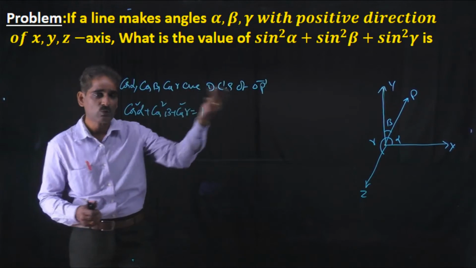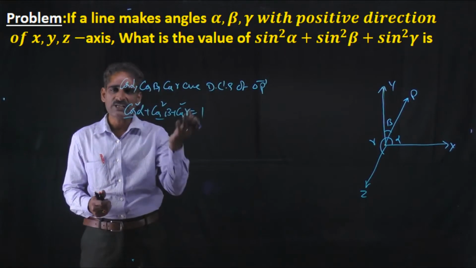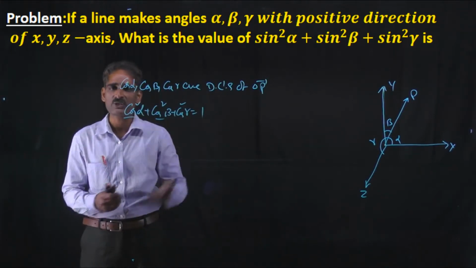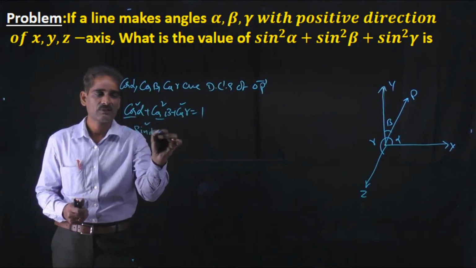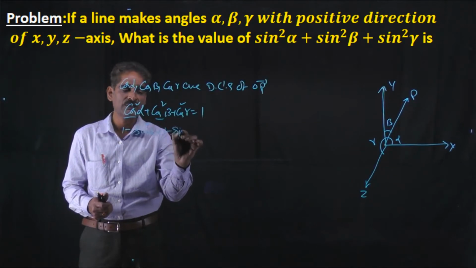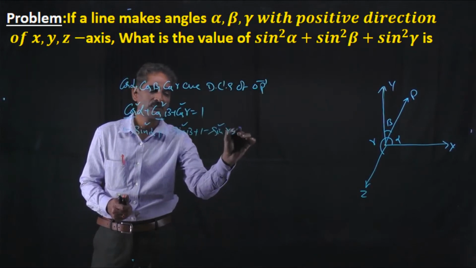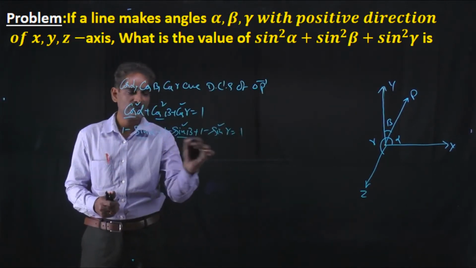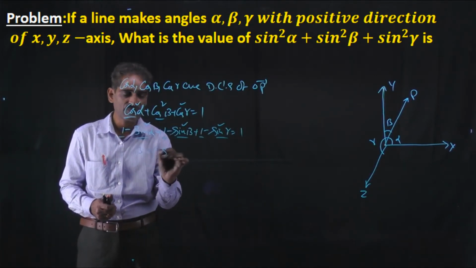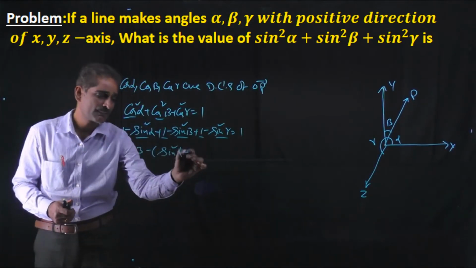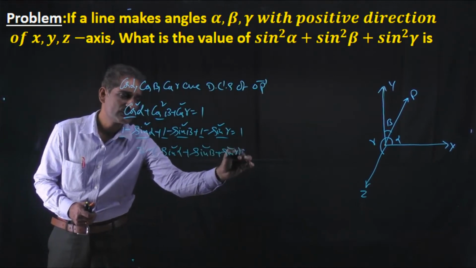So here we have to find sin square alpha plus sin square beta plus sin square gamma. Just change the identity from cos square to sin square. So here we can write cos square alpha equal to 1 minus sin square alpha, cos square beta equal to 1 minus sin square beta, cos square gamma equal to 1 minus sin square gamma, and the sum is equal to 1. So 1 plus 1 plus 1, that is 3, minus sin square alpha plus sin square beta plus sin square gamma, is equal to 1.